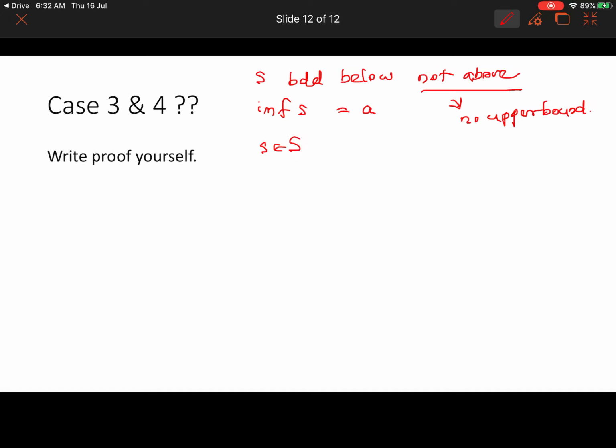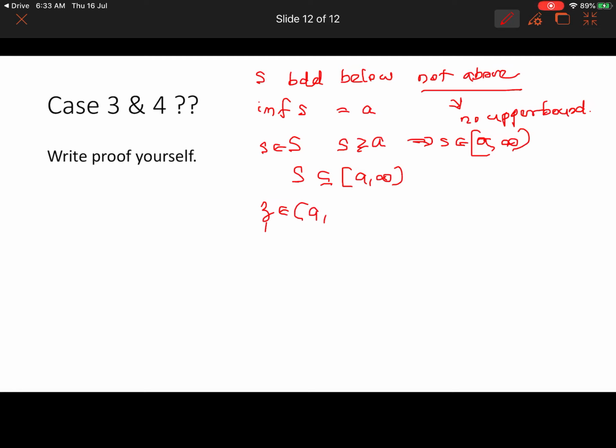Infimum means it is a lower bound. If you take an element of S, that element will be greater than or equal to A. This implies S is in the closed interval A infinity. So you can prove S is a subset of closed A infinity.